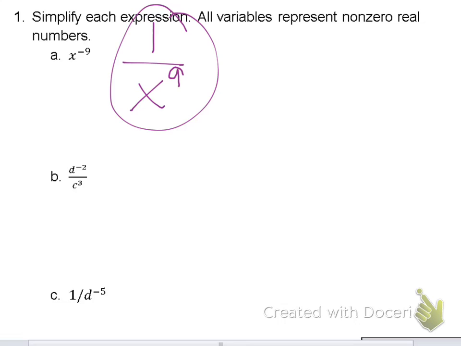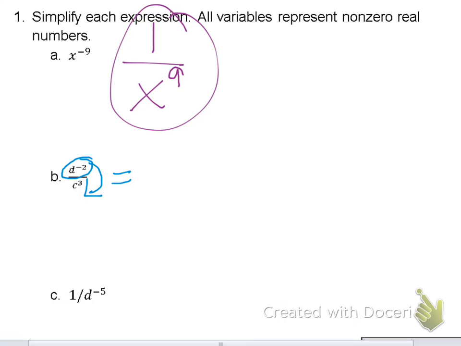Our next example, d to the negative 2 power over c to the 3rd power. Now we don't know what these variables are, so c to the 3rd power is as simplified as we can make it, but d to the negative 2nd power is not simplified because it has a negative exponent. So we need to take this exponent with its base and move it to the opposite side of the fraction.